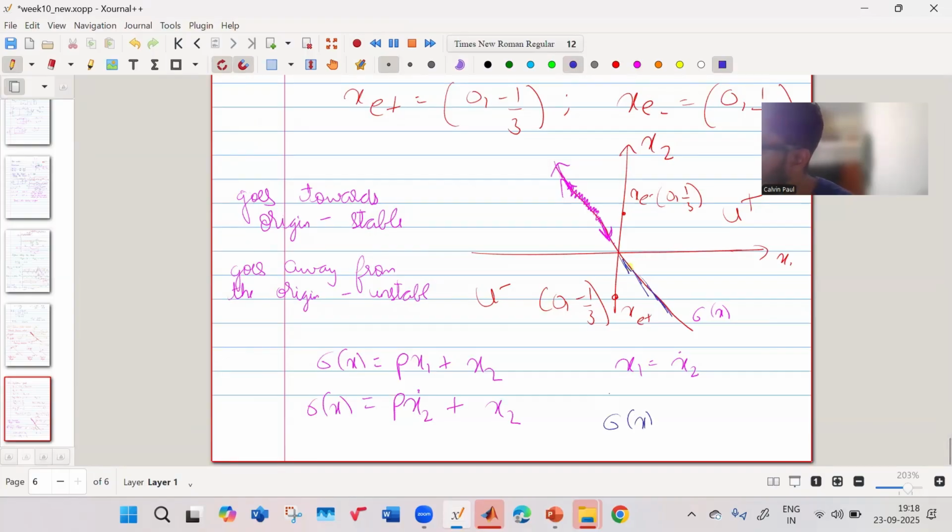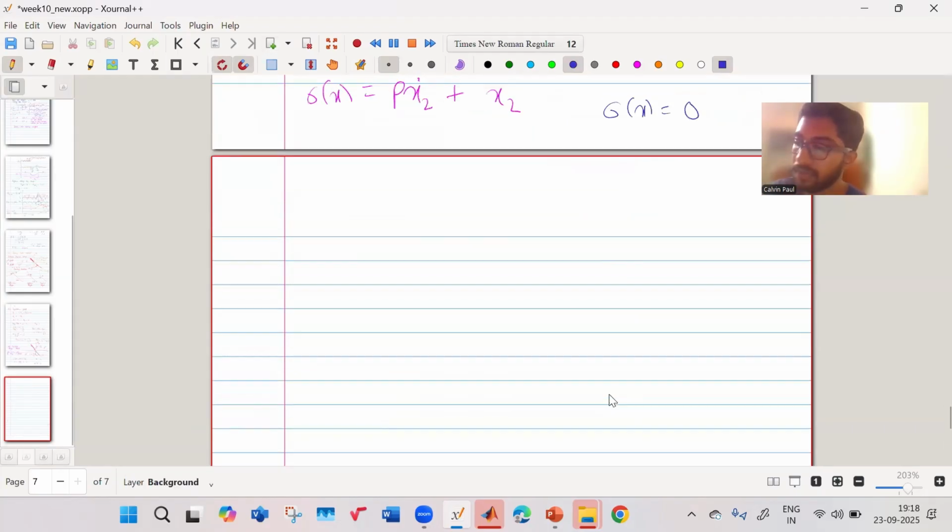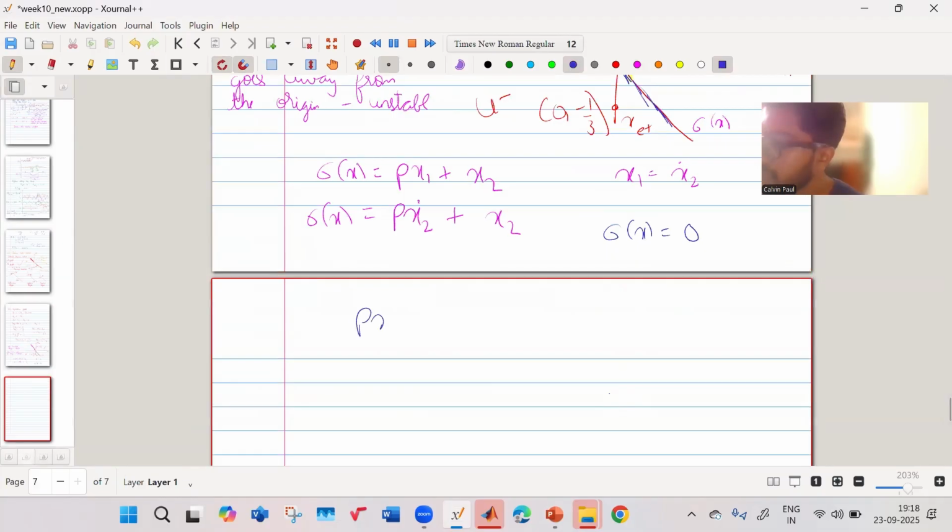Your sigma x is equal to 0. So if your sigma x is equal to 0, that means p x2 dot plus x2 should be equal to 0. That means your p x2 dot is equal to minus x2, right? What will be the solution of this equation?